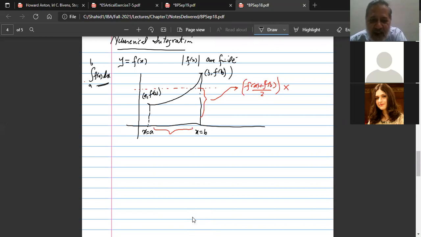So ये तो आ गई average height of the graph, और अगर मैं इस width of the interval से multiply कर दूं, so what I get is average area under the curve.